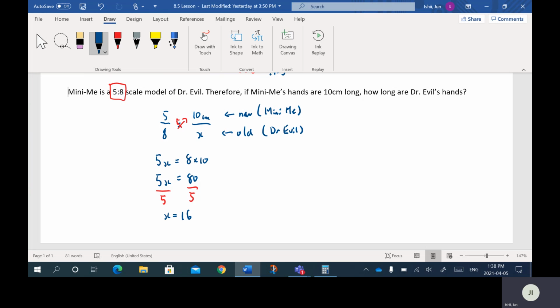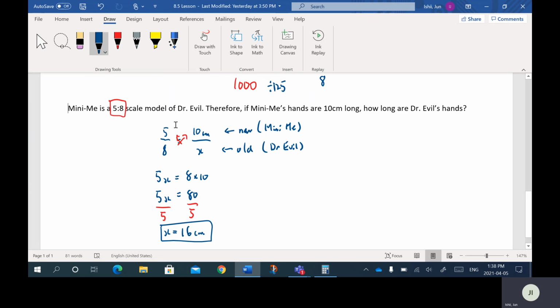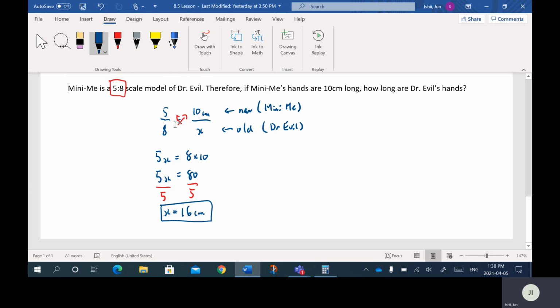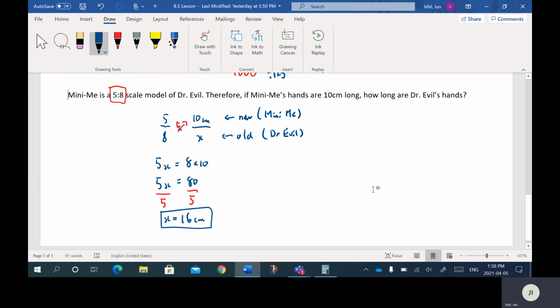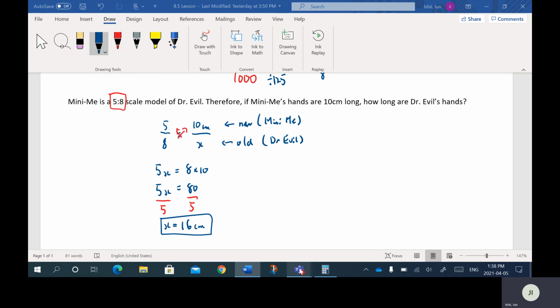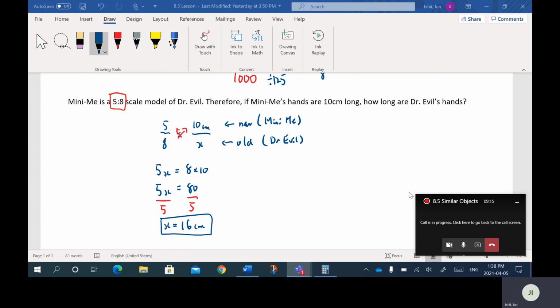So the measurement is 16 centimeters. As it turns out, Dr. Evil's hands would be 16 centimeters long. Again, that's just using scale factor to figure out a dimension, or a measurement. So that's similar objects.